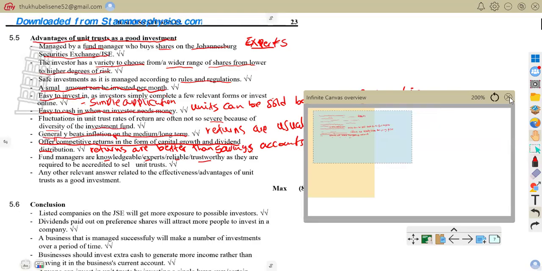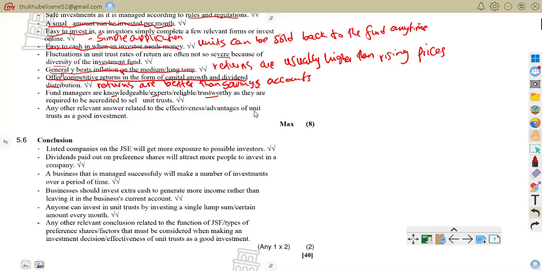So remember, as we started with the introduction, we are also expected to conclude our answer, which is also 2 marks. So this is how we are going to conclude it.